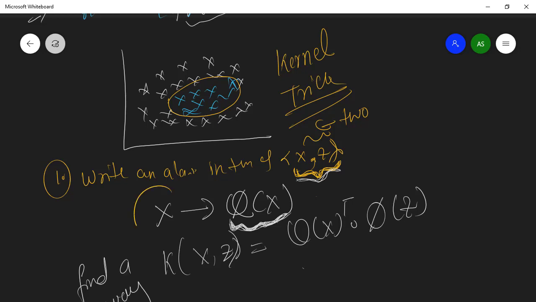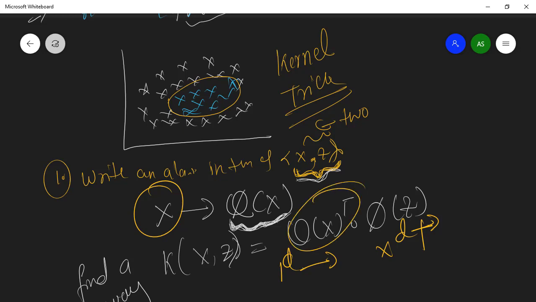It will transform your one-dimensional data, or any kind of data, to a high dimensional space. So you write a kernel function k which transforms the data: phi of x transpose times phi of z.